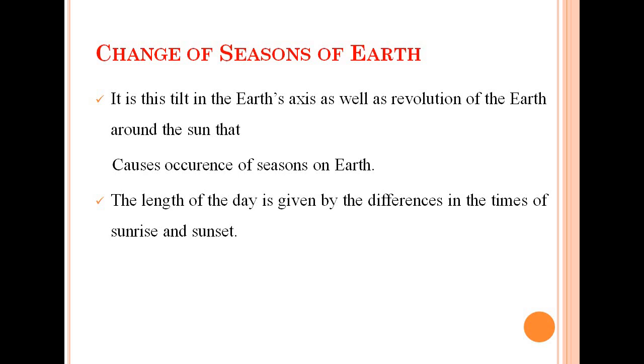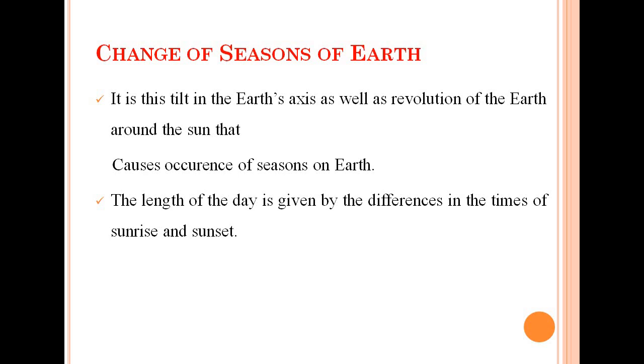Now, the changes of the seasons of the earth. We know that the axis about which the earth rotates around the sun is at an angle with the plane of its orbit around the sun.